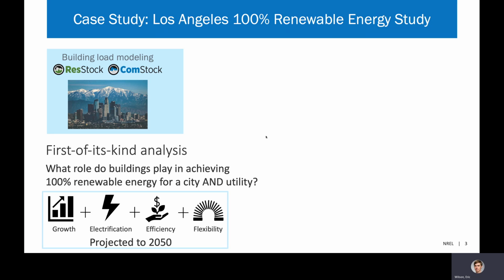The analysis sought to understand what role the building sector plays in achieving 100% renewable energy for a city and a utility company, and projected different levels of growth in the building stock, electrification of space heating and water heating, different efficiency levels, and demand flexibility projected out to the year 2050.